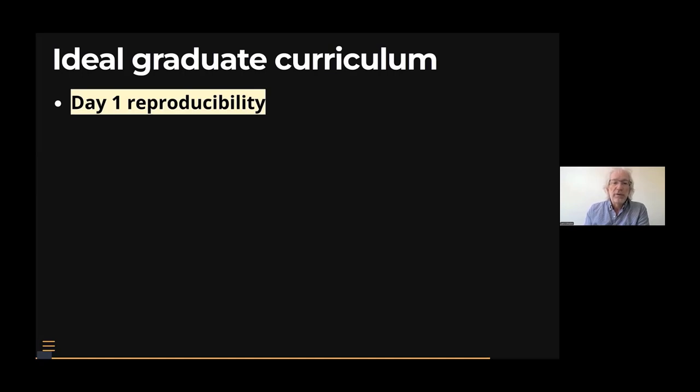So what do I teach them in the ideal graduate curriculum? For instance, this is part of what we are doing at Cornell. One of them is something we call day one reproducibility. How do you start a project and maintain it as a reproducible environment throughout the process of developing an idea into a paper that will ultimately be published?